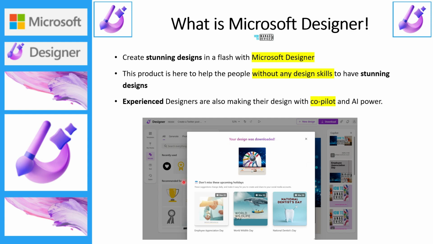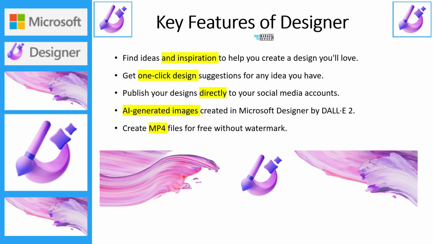Okay, let's move on. What are the key features? From my perspective, the key feature is the text input. It can make a design for you, for your social media posts or advertisement campaigns, etc. With just a text input, it will make a design for you, and that needs just one click.